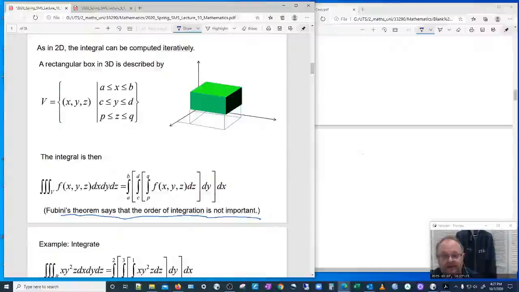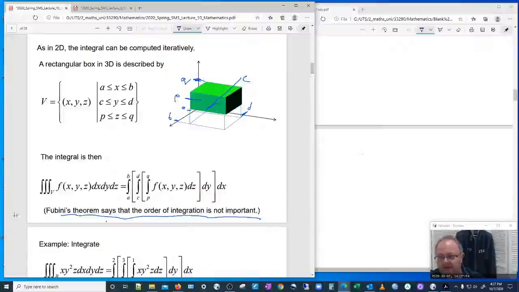So for x, that's our A and B. For our y, which is out the back here, we've got C and D. And then for our back corner and our top corner, we will have P and Q. Okay, so we're using those, so just that C should be out the back here.